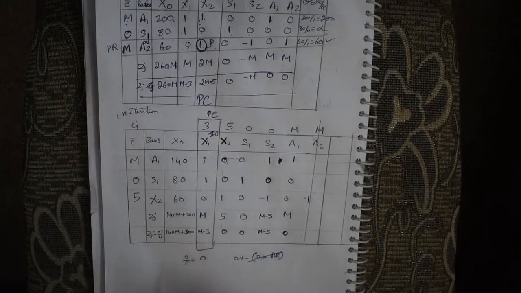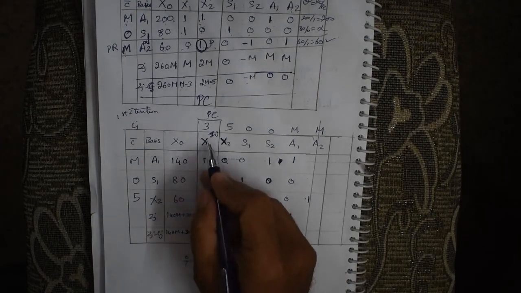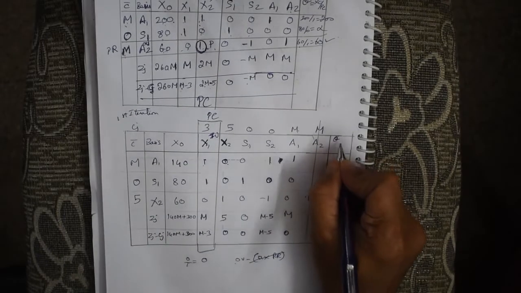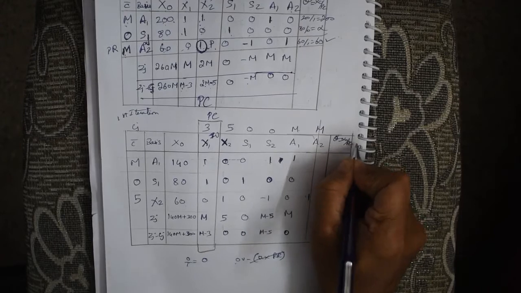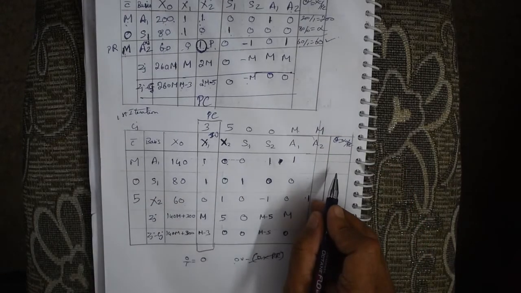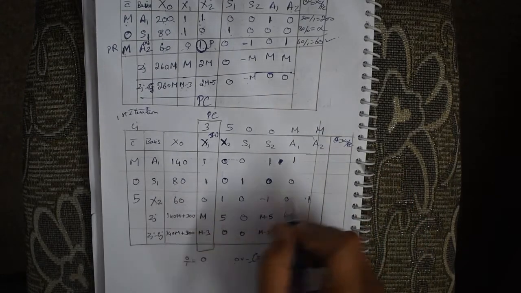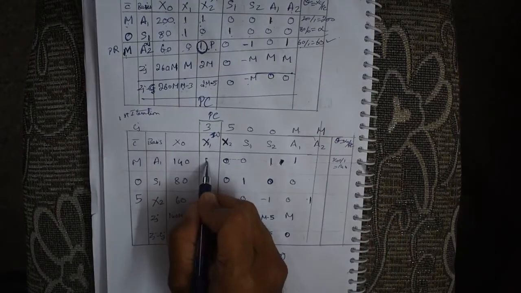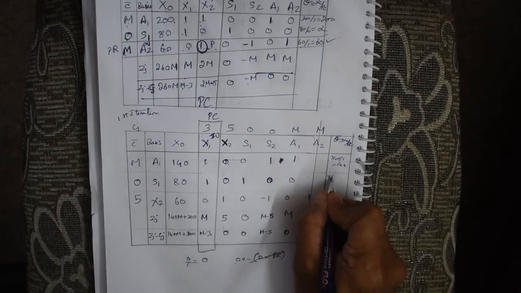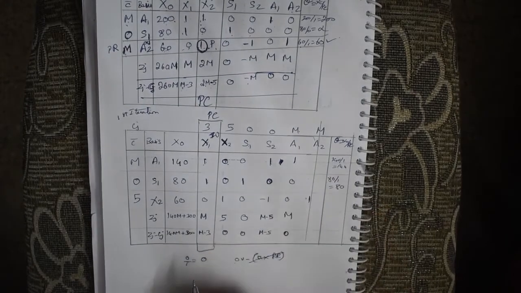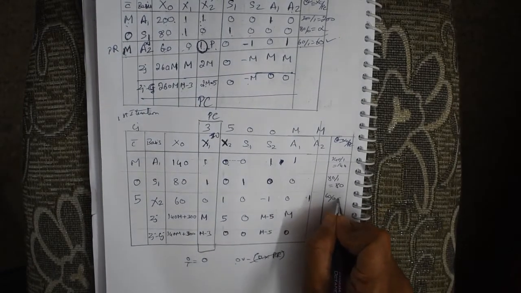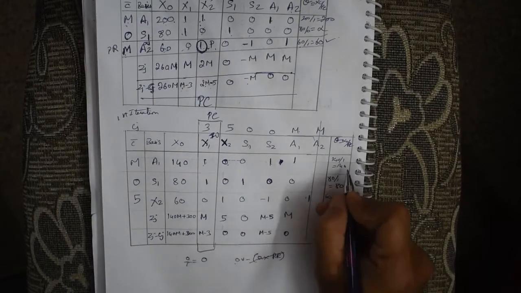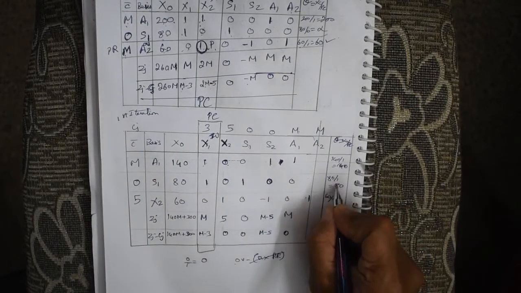Once we find the incoming variable in the pivotal column, use the theta, which is x0 by PC, to find the pivotal row and the outgoing variable. 140 by 1 is equal to 140. 80 by 1 is equal to 80. 60 by 0 is equal to infinity. Least positive is S1.